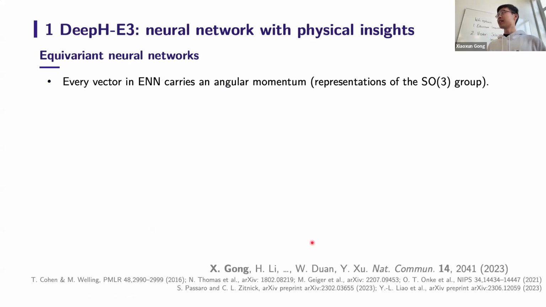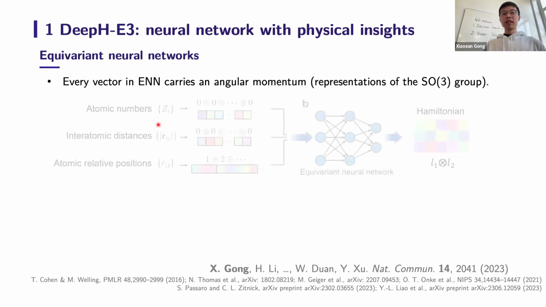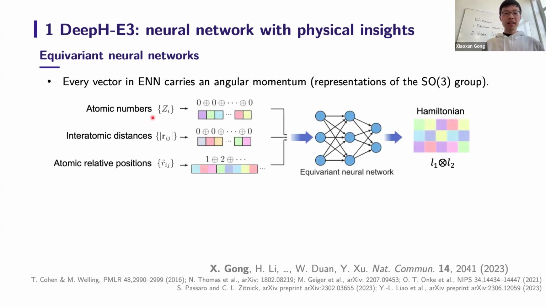So let me explain in a little more detail how we realize our equivariance. As I said in my last slide, every vector in the equivariant neural network will carry an angular momentum. These are representations of the SO3 group. The atomic numbers, of course, are invariant under rotations, so they have angular momentum quantum number 0.